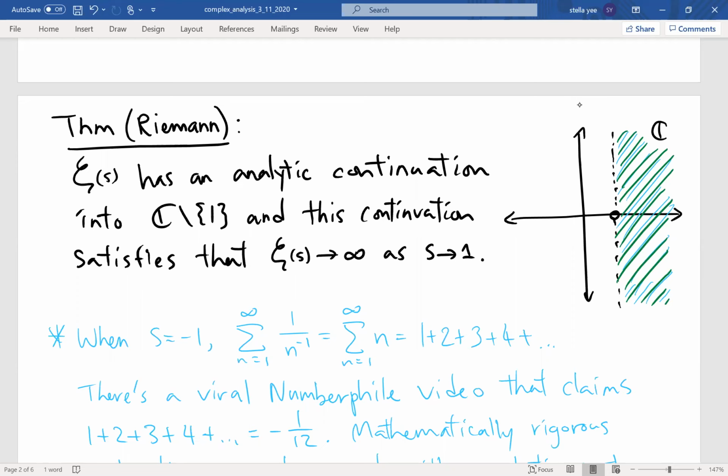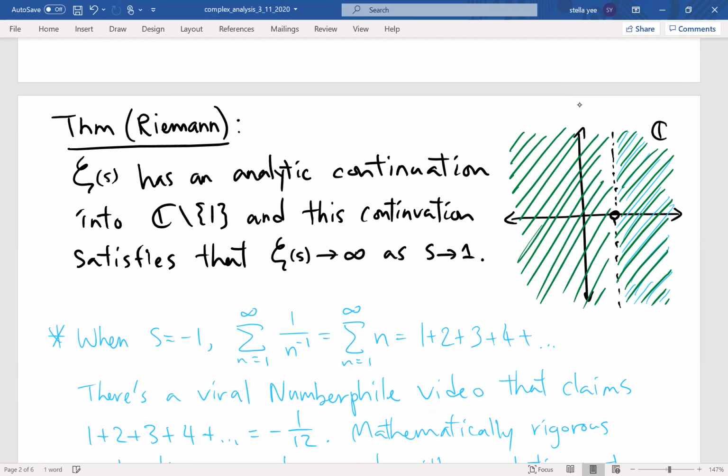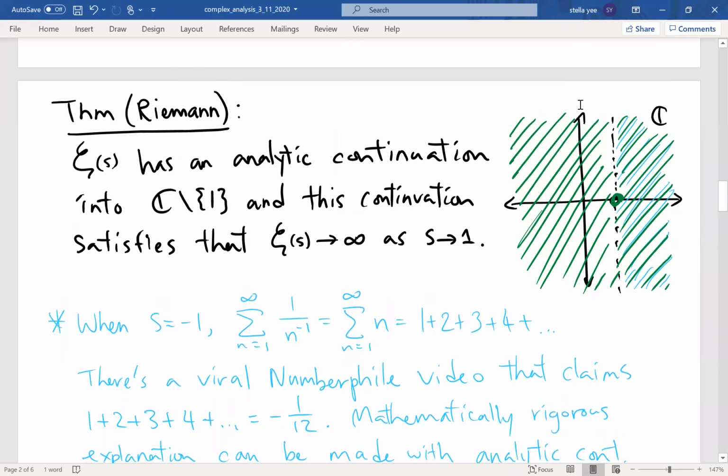But you could actually do analytic continuation and define it for pretty much all of the complex plane, except for when s is exactly equal to 1. There's a pole there. Okay, so this function could be extended to other parts.